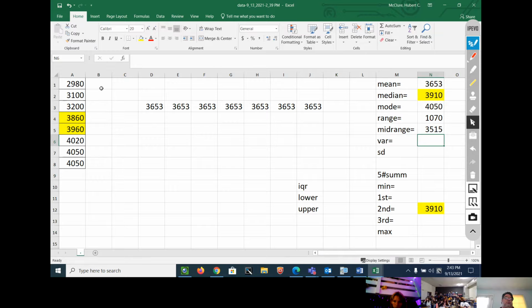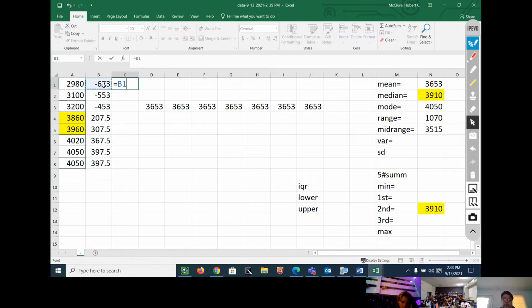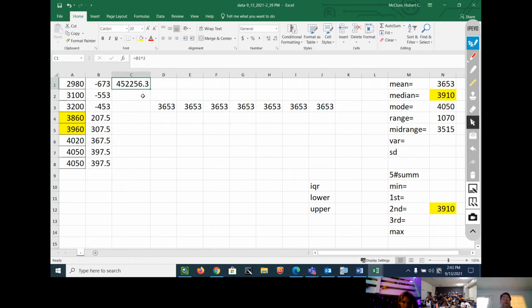Variance, well, I'm going to subtract this number minus mean. F4. I'm going to copy those down. I'm going to square each one of those. I'm going to add that up.